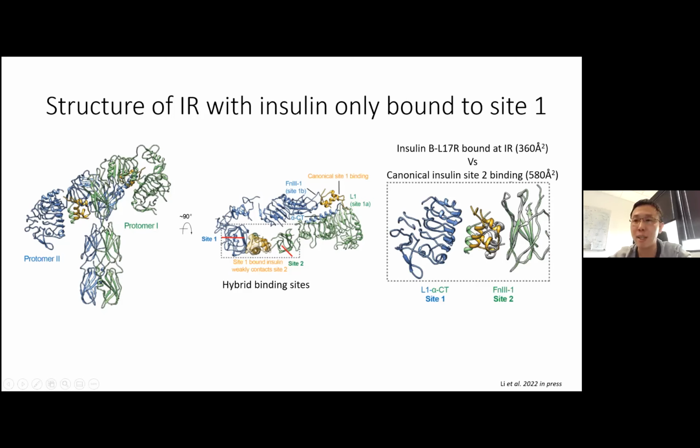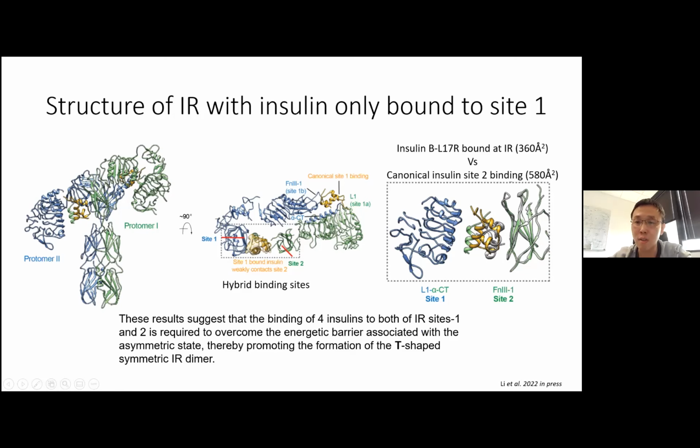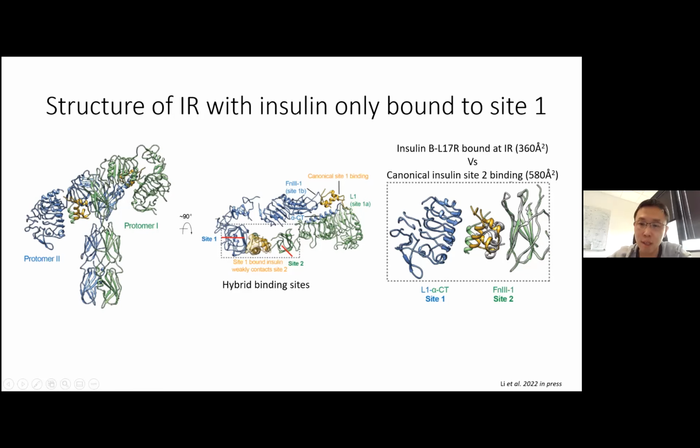And apparently the binding affinity is also different, because for the canonical Sat2 binding, the buried surface is about 500 to 800 square angstrom. But for this Sat1 bound insulin, the buried surface is only 360. Therefore, the binding affinity of the Sat1 bound insulin to Sat2 is much weaker than the canonical Sat2 binding.